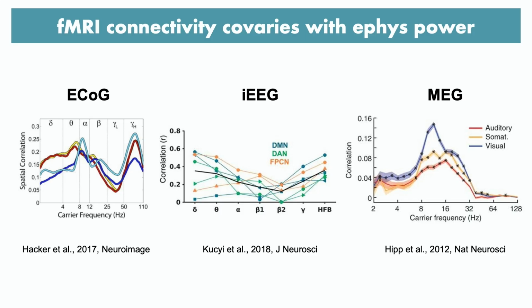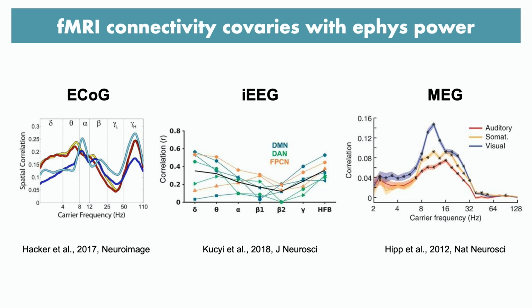But some of the techniques that have been used, particularly in humans, rely on multimodality recordings and using correlations to try and understand, in particular, what neural rhythms play a role in functional connectivity.